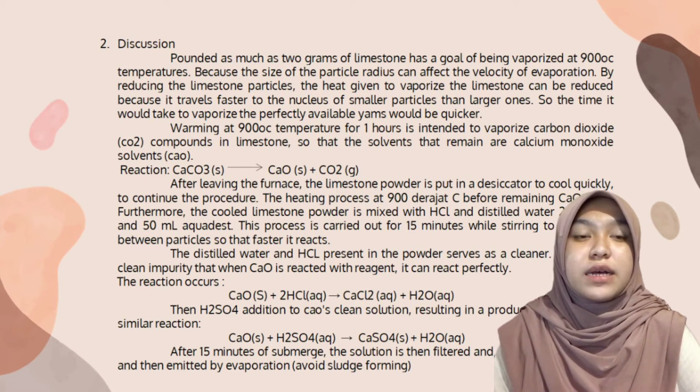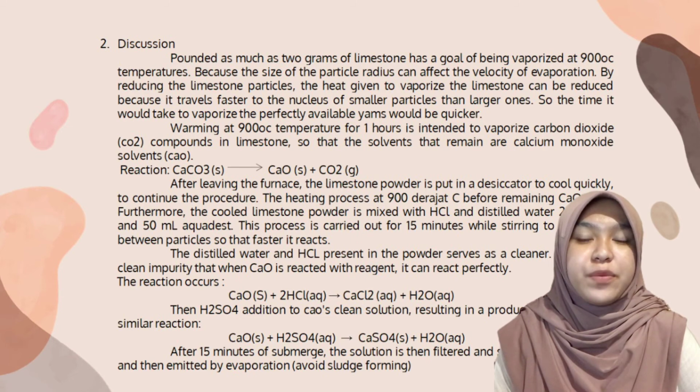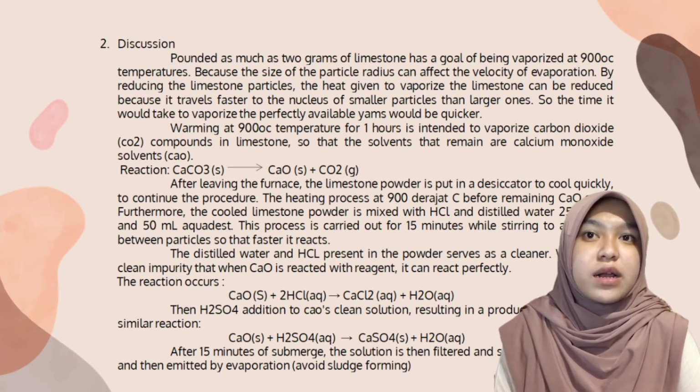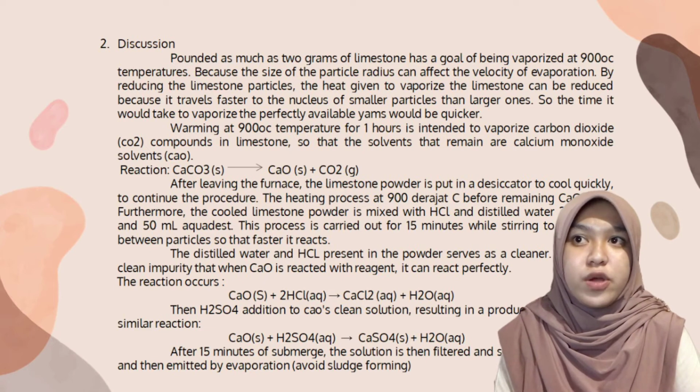Warming at 900 Celsius for 1 hour is intended to vaporize the carbon dioxide from the limestone so that what remains is calcium monoxide. The reaction: CaCO3 produce CaO plus CO2.